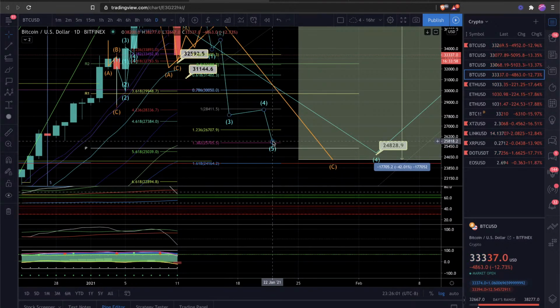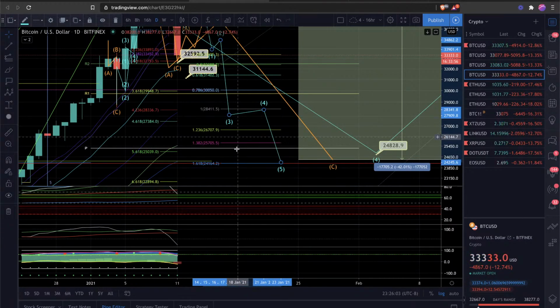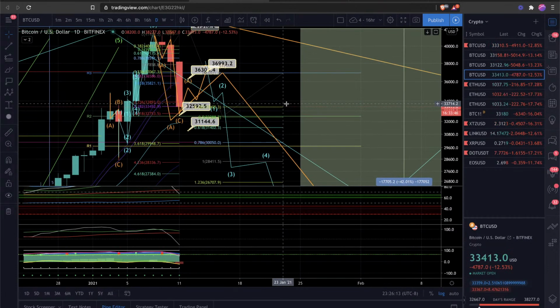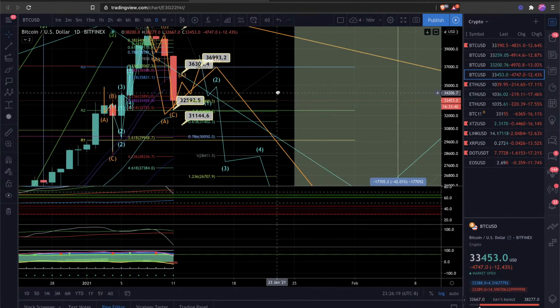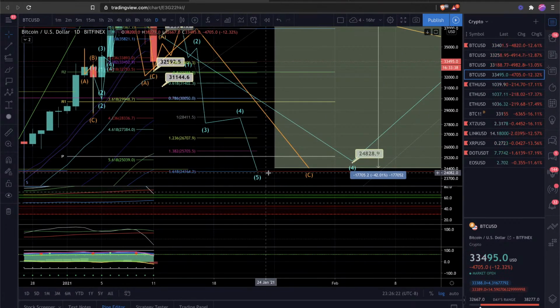1.618, which is the extension of a C wave, is also right there at that 24.2. So it puts us right there in that same ballpark. So it is definitely possible, even just from this move down, that we can have continuation going down to 24K.